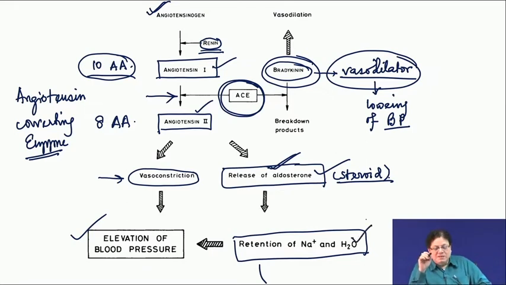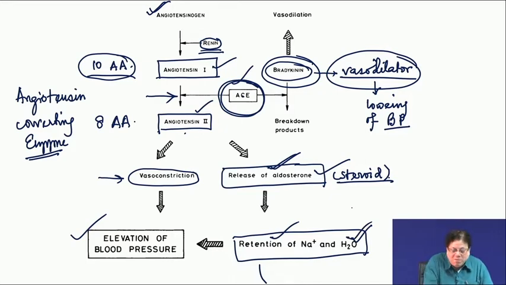So, there are 4 kinds of effects. One is just direct vasoconstriction by angiotensin 2. Another is that this enzyme, angiotensin converting enzyme, destroys bradykinin, which is a vasodilator. And third, it also enhances the release of another steroidal hormone, called aldosterone, and this aldosterone enhances the retention of sodium and water in the blood.